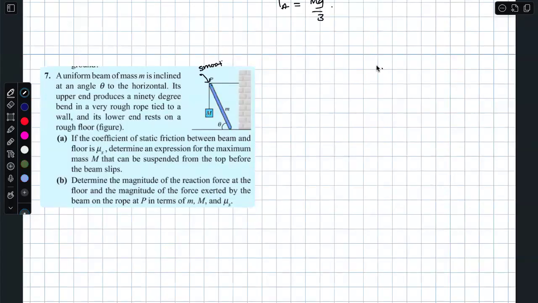Now, let me draw the diagram carefully once again. That's your wall, and that's the floor.